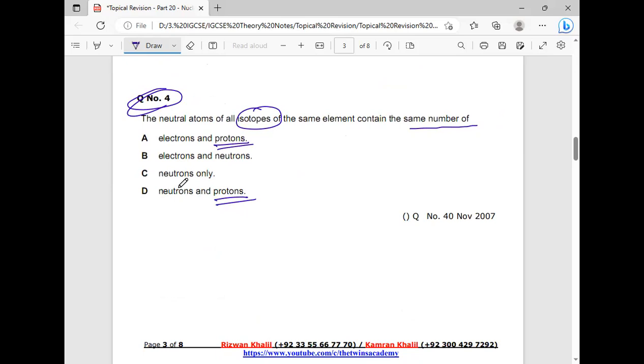So the same number of neutrons and protons is not possible. And we know that in a neutral atom, the number of protons is equal to the number of electrons. So option A is the correct answer. But in the definition, you are always supposed to write atoms of an element that have the same number of protons, always.